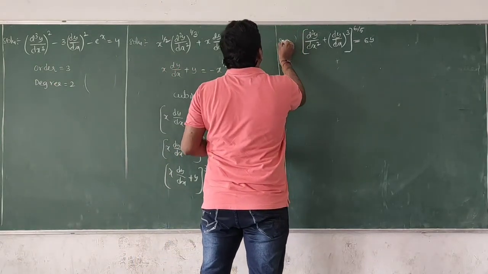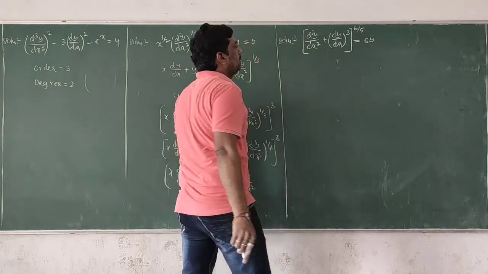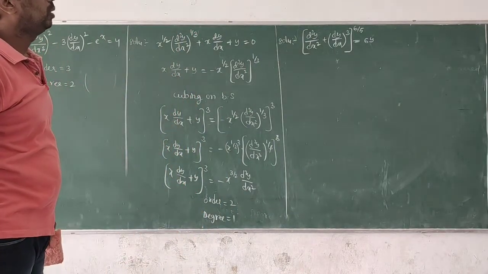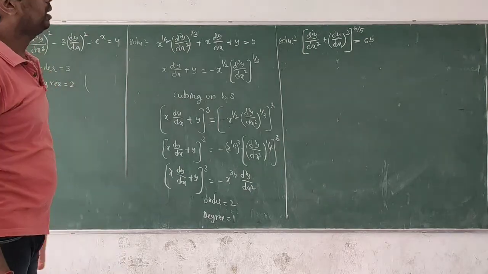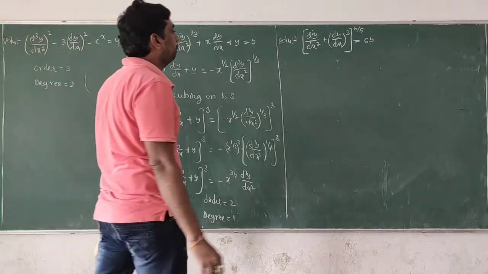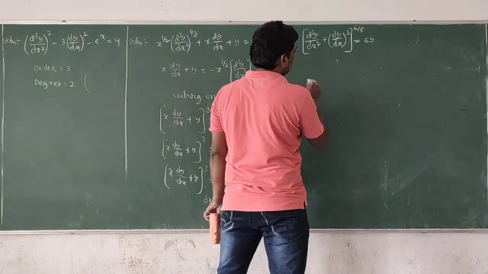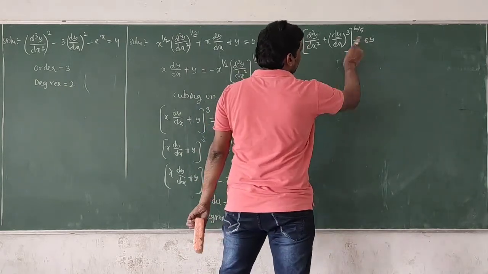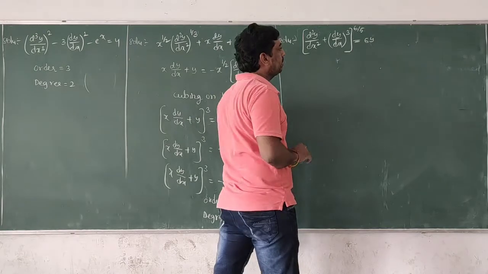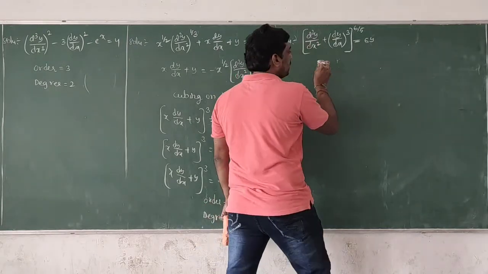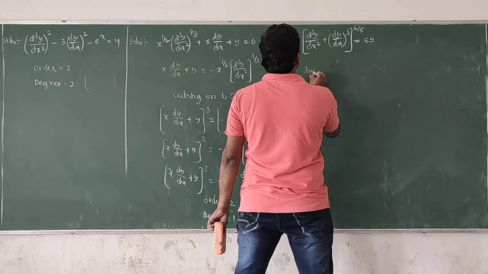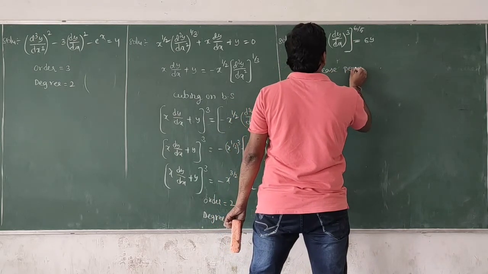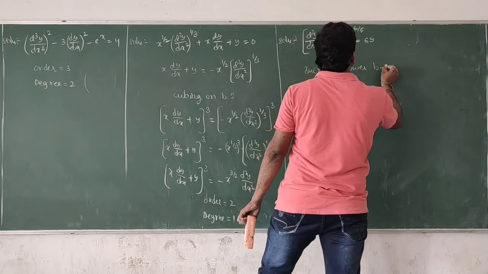Now the last problem in the order and degree problems. In the solution, write down the given problem as is: (d square y by dx square plus dy by dx whole cube) whole power 6 by 5 equal to 6y. In order to simplify this one, here it is 6y, not 6 dy by dx, so to get the solution easily, raise the power on both sides.